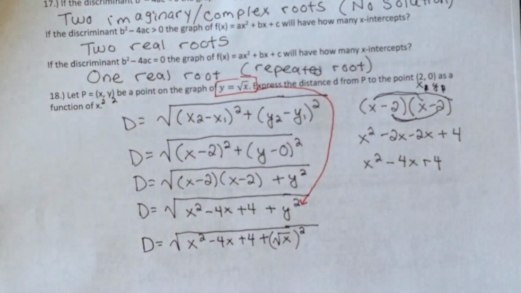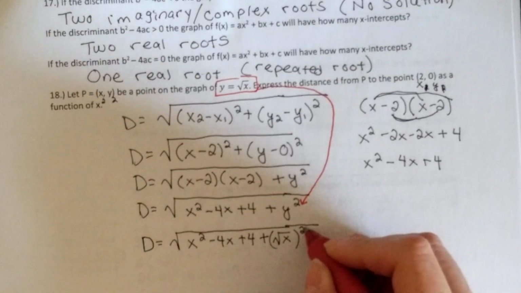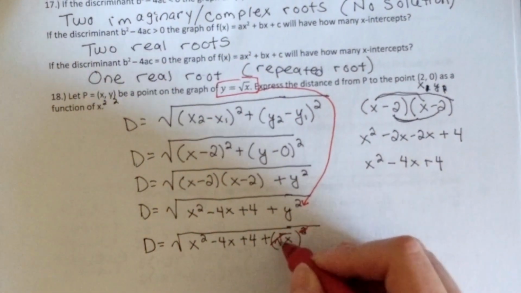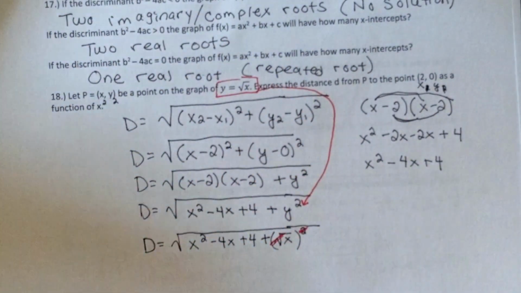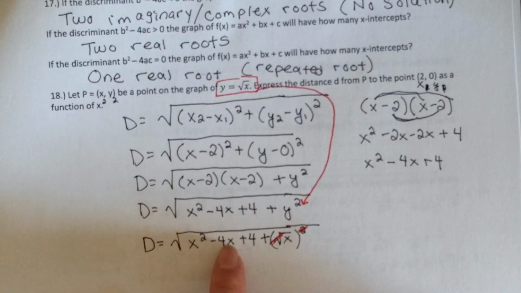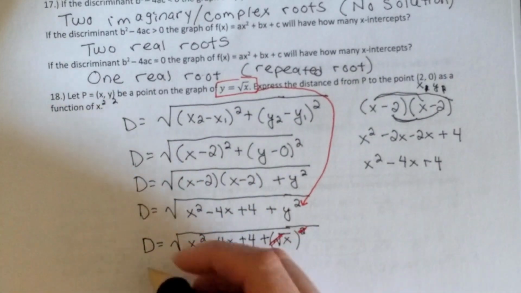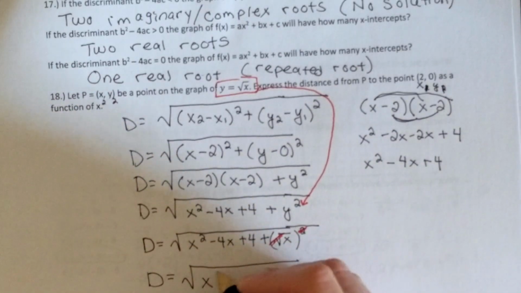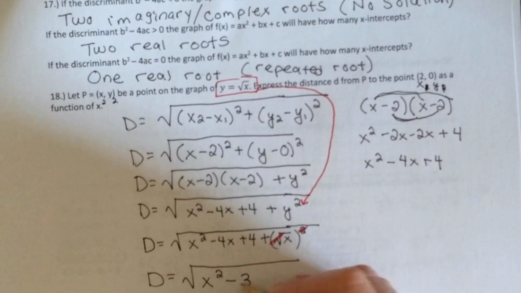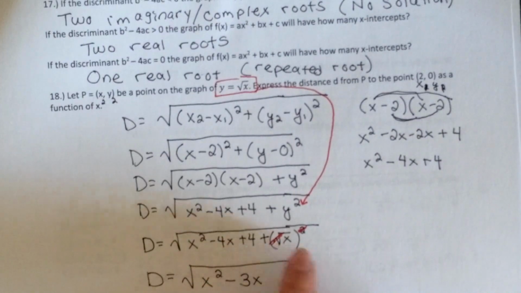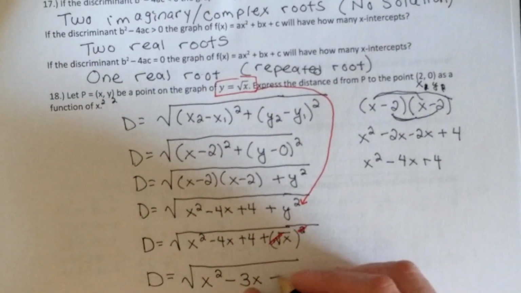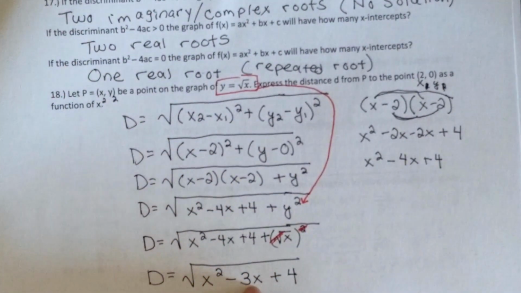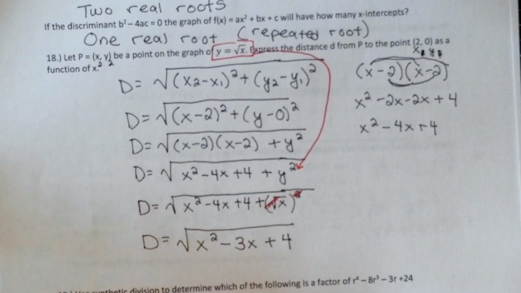If you know anything about square roots, squares undo square roots, so those will cancel. Then I can combine this negative 4x with that x right there, and I will get my official answer, x squared minus 3x, because negative 4 plus 1 is negative 3, plus 4. And that's your official answer for that problem.